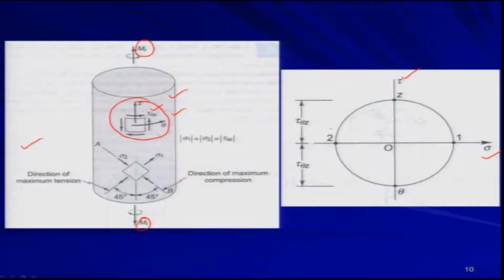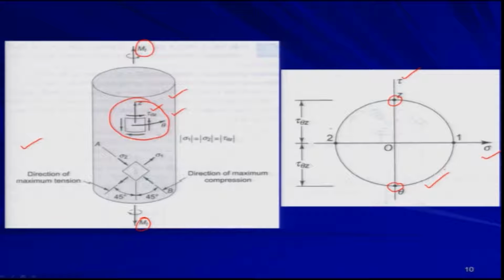Theta corresponds to the x axis and z corresponds to the y axis, so on the x plane you have tau theta z and no normal stress. That is your theta plane on the Mohr circle, and that is your z plane. If you complete the Mohr circle, it will look like this.